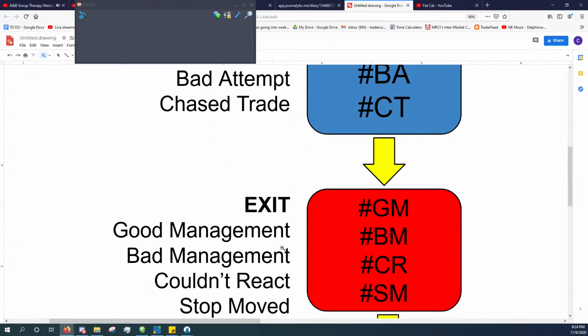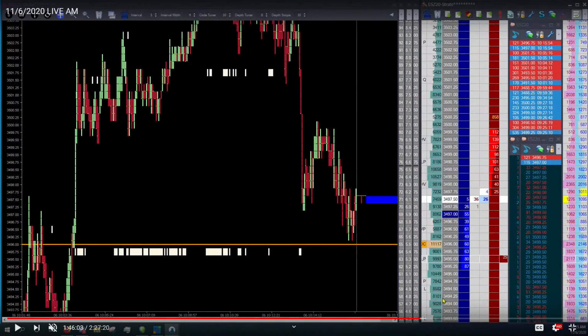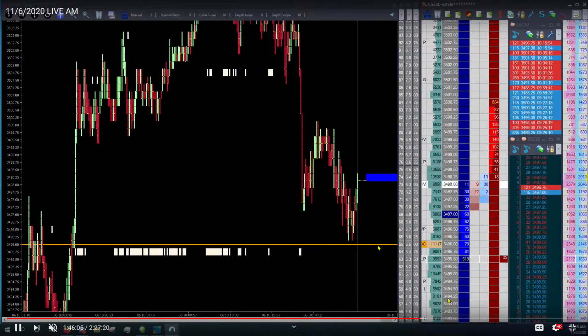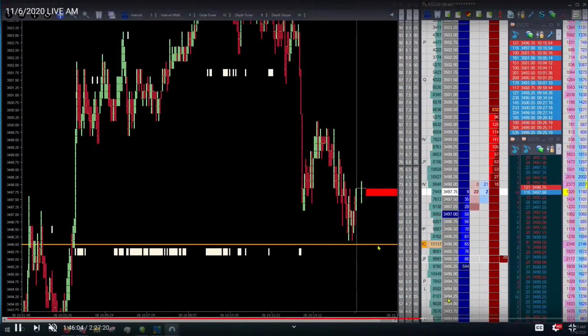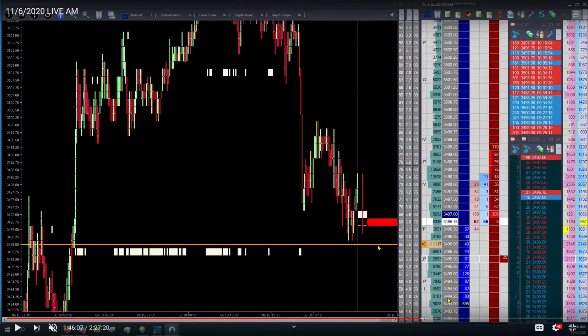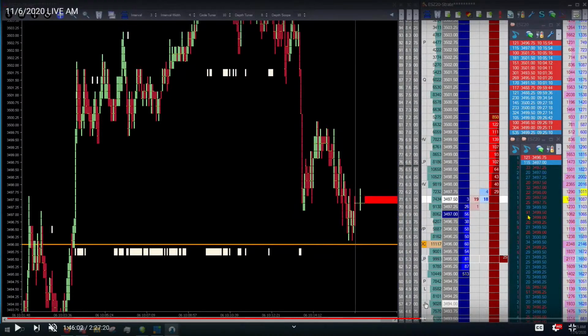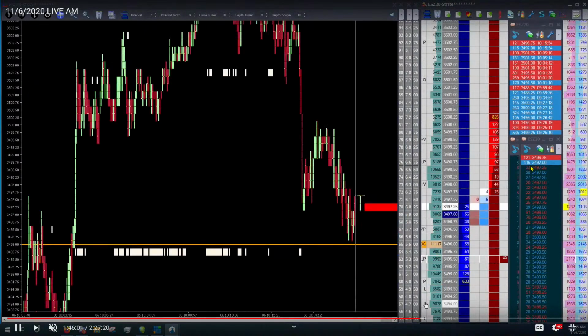Okay, so let's see the exit and the management. The management was baller, but honestly, we're not going to grade that part. So yeah, that sucks, man. That's more like a couldn't react right there. See how them blocks came? That block came in at a double block hit there.